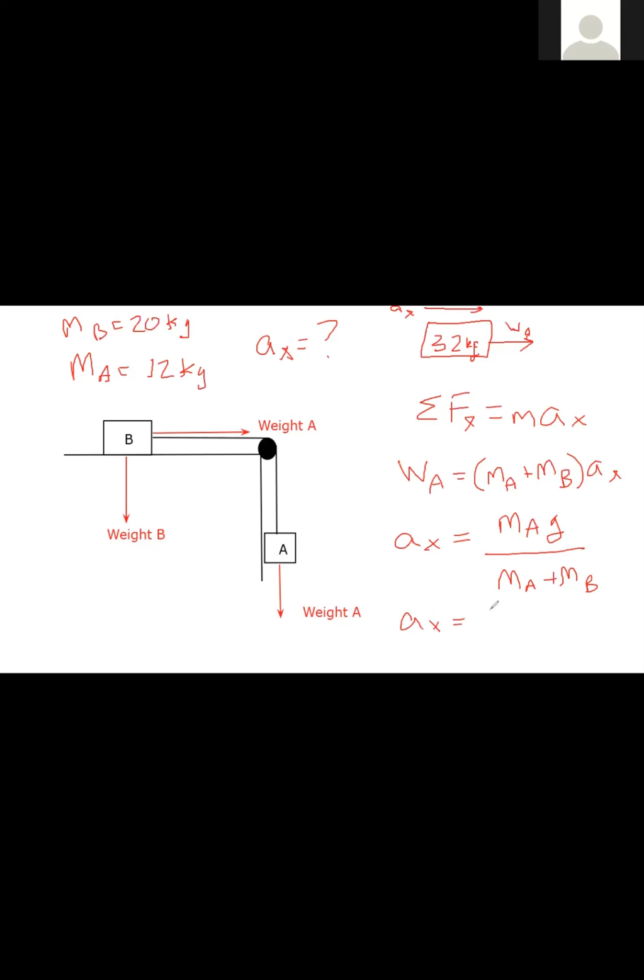AX equals 12 times 9.8 over 32, which is 3.68 meters per second squared. And that's how you solve these problems.